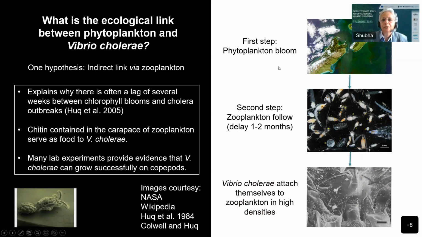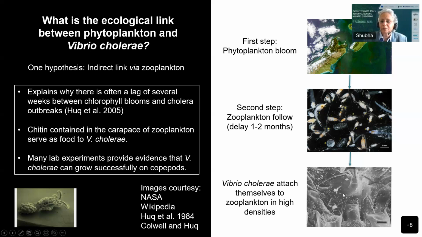So in this hypothesis, you will have a phytoplankton bloom, and then the bloom will attract zooplankton, the microscopic animals that feed on phytoplankton. The zooplankton growth may follow a phytoplankton bloom by 1 to 2 months.